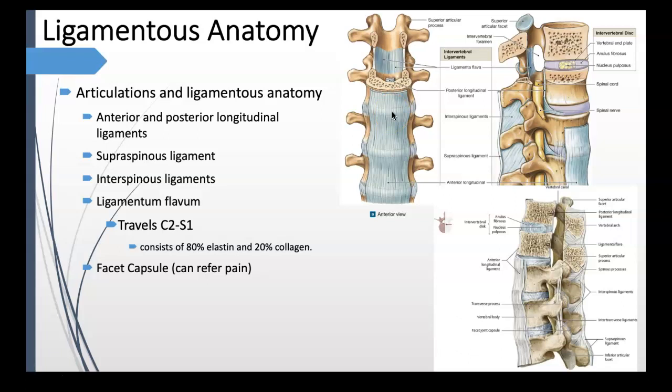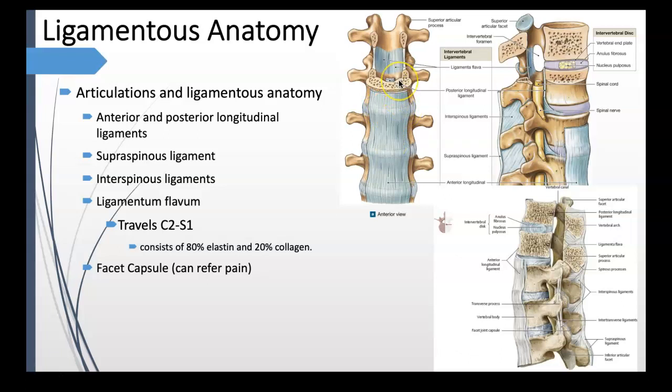So the integrity of the anterior longitudinal ligament is extremely important, not just for limitations in range of motion or increased risk of extension injuries, but also because when we have an overstretching or a laxity of that ligament, oftentimes you can see a disc protrusion or herniation.